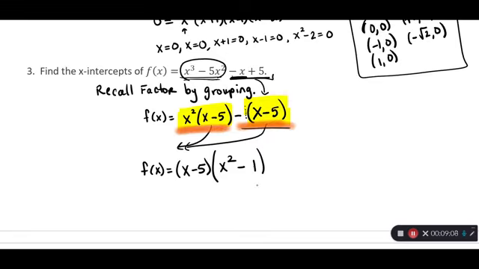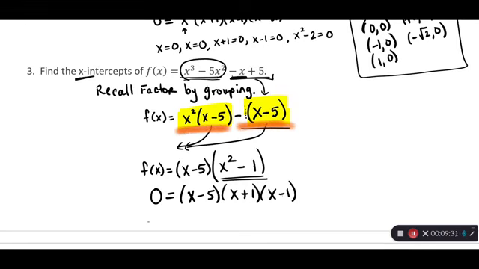All right. So basically now I have that cubic function and I have it factored. If I'm trying to find the x-intercepts, remember that's what makes y 0. And I'm also noticing that this can get factored some more: x plus 1, x minus 1. It's a difference of perfect squares.